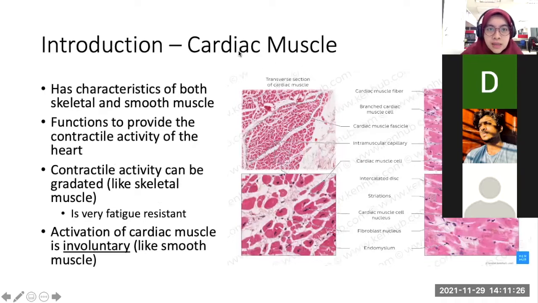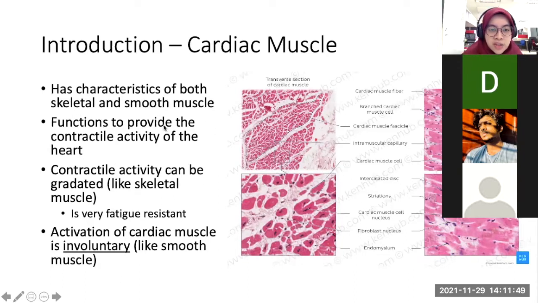So the next type of muscle would be cardiac muscle. So where is this cardiac muscle? Where can it be found? The heart, yes. Cardiac muscle or the heart muscle. So this cardiac muscle has the characteristics of both skeletal and smooth muscle.